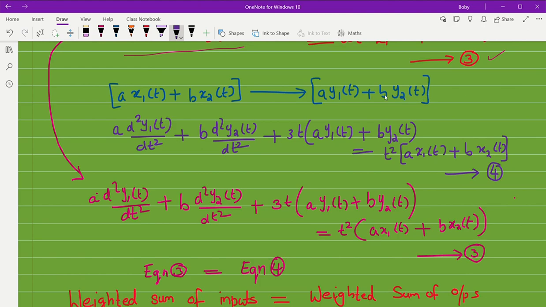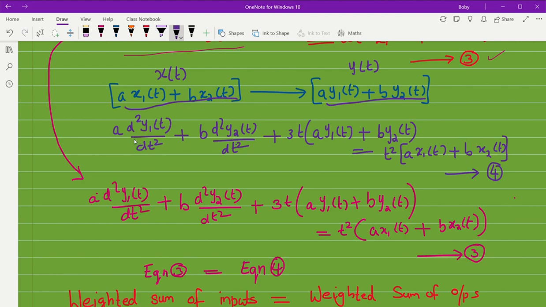So in the given differential equation, instead of y of t we must put a y1 of t plus b y2 of t, and instead of x of t we must put a x1 of t plus b x2 of t.